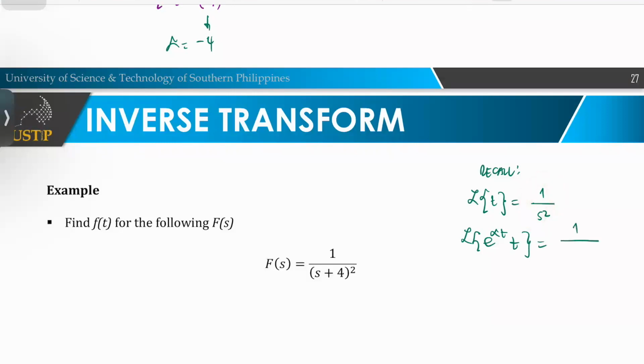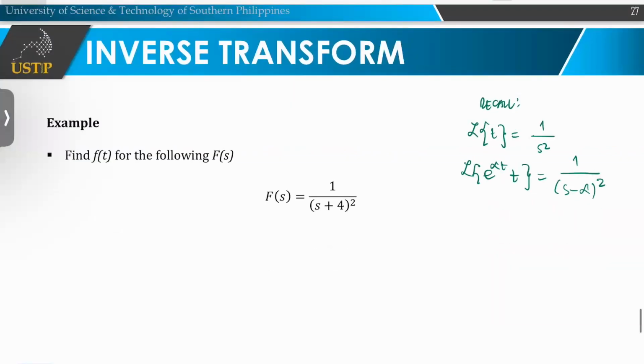Your s will be replaced by s minus alpha, squared. And this one is very close to this one. So all we have to do is, again, manipulate the form. So f of t now is the inverse Laplace transform of 1 over s plus 4 squared.